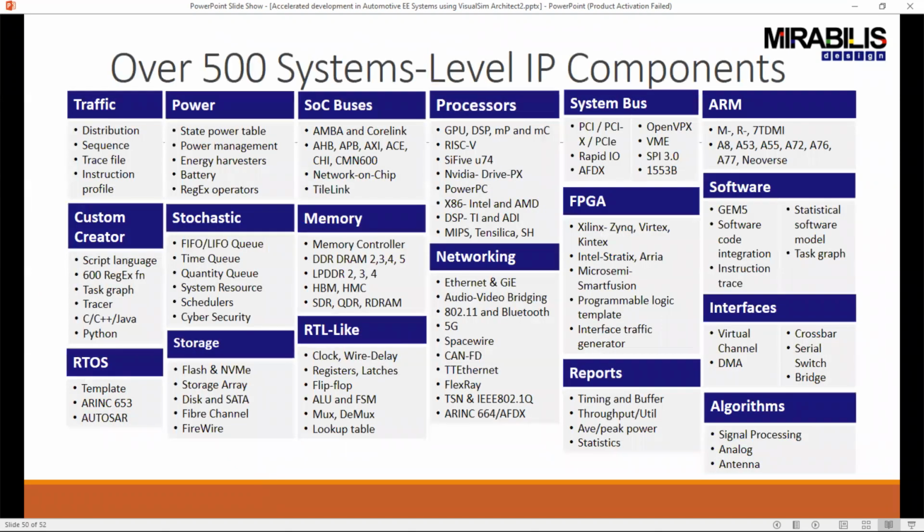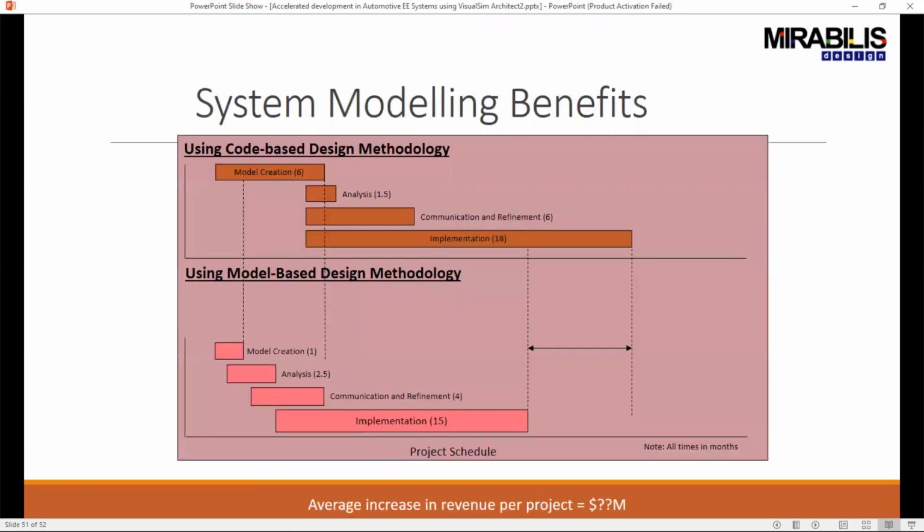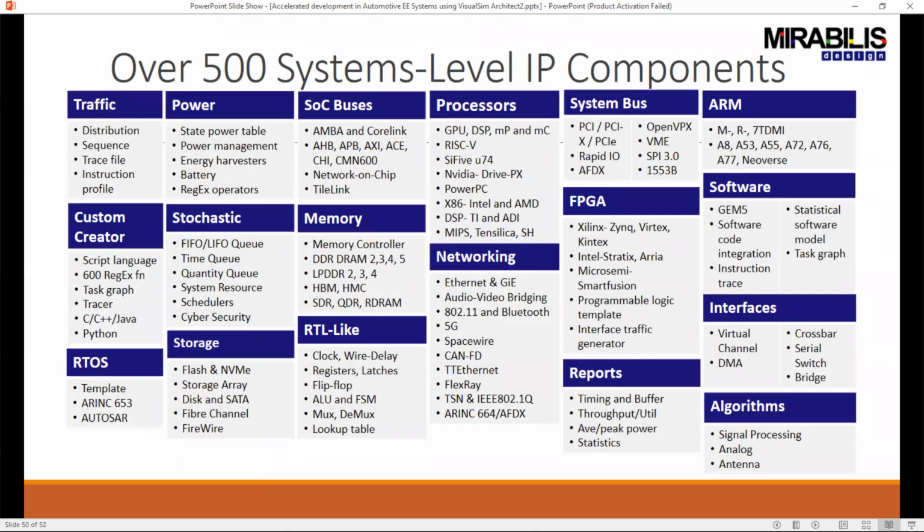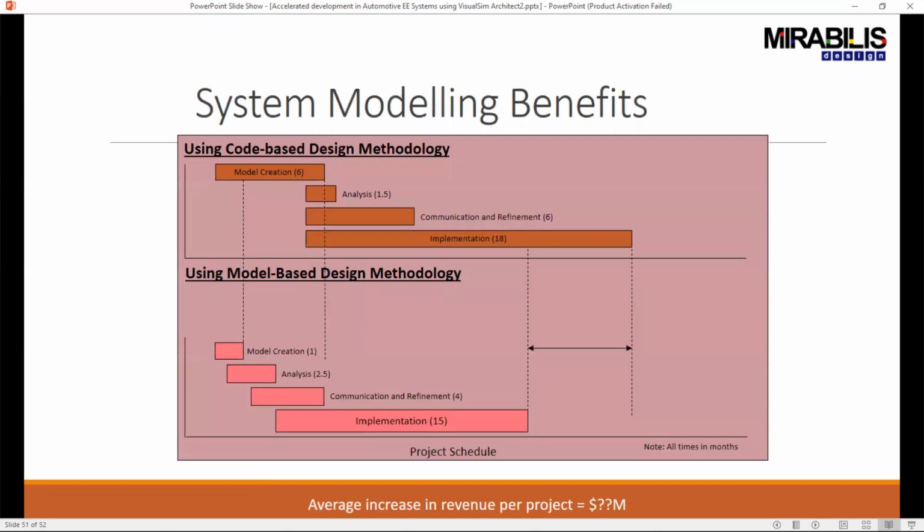These are the list of IPs that are available for the user to reuse in their design. It ranges from traffic generators to the various processing units and network components, the time sensitive protocols, the switches, and gateways, all of which are supported in the library. So they can just drag and drop them into the design.